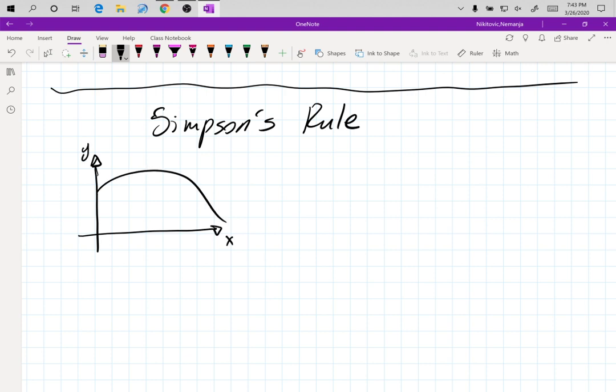So you have some kind of function f of x, and you make the rectangles. And what you do is you pick the minimum number of rectangles, which must be even at all times.